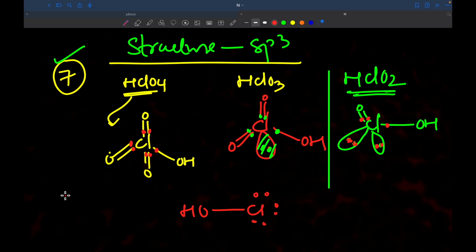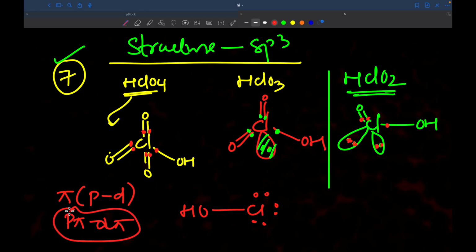Right? Here a pi bond has come. This pi bond is formed by the p orbital of oxygen and the d orbital of chlorine. So you call them p pi d pi pi bonds. What pi bonds are here? P pi d pi pi bonds are here.